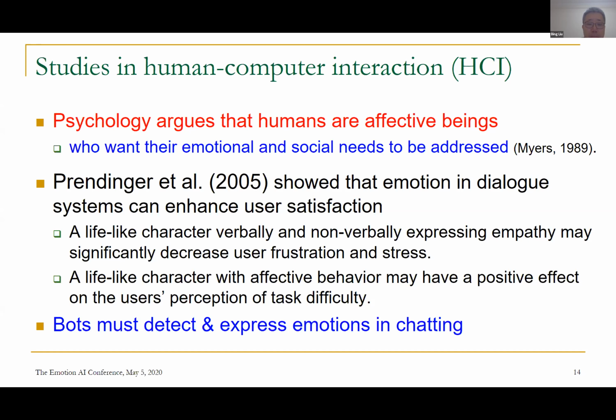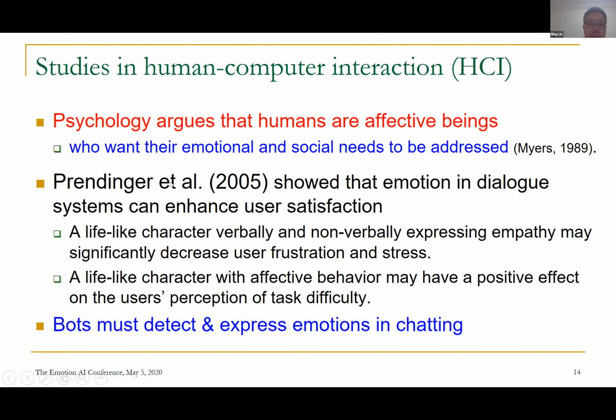And also, we expect our emotional and social needs to be addressed, which basically means when we say something, we expect the response to also be expressive. So essentially, the person who responds must answer in the right way.